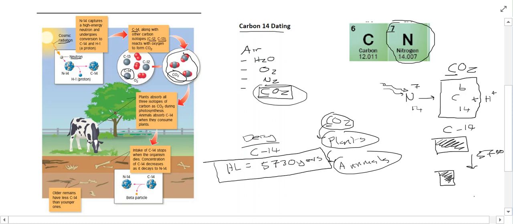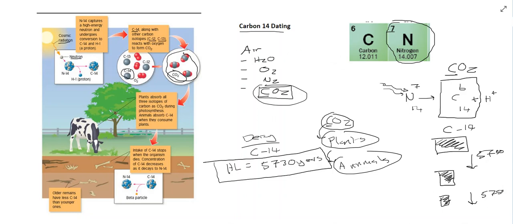Okay, and then after another 5,730 years, this will be halved. So again, as time goes by, the amount of carbon-14 within the remains of the plant or the animal will continue to reduce by half, in line with the half-life of carbon-14. And this can then be used as a predictable way to figure out how old a particular animal is.